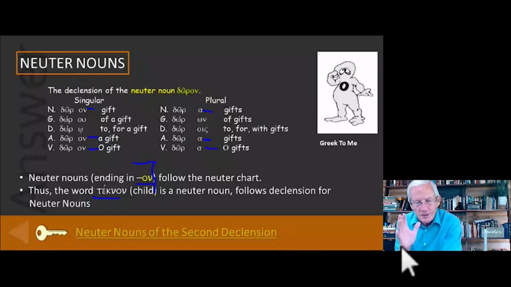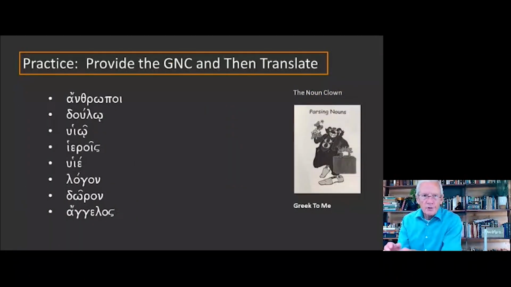For now, in Chapter 2, it's important to know how the two charts work. So let's apply that here with some practice. I'm going to hit my pause button and would ask that you do the same. And if you would, provide the gender, number, case for these nouns, and then translate. And then we'll come back and compare notes.